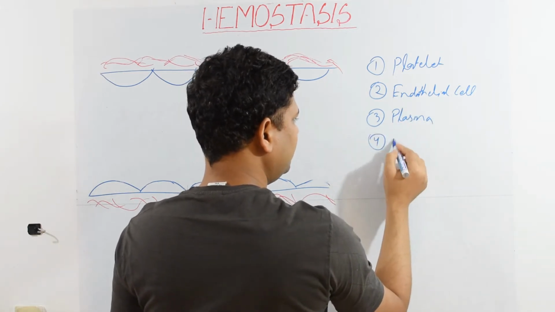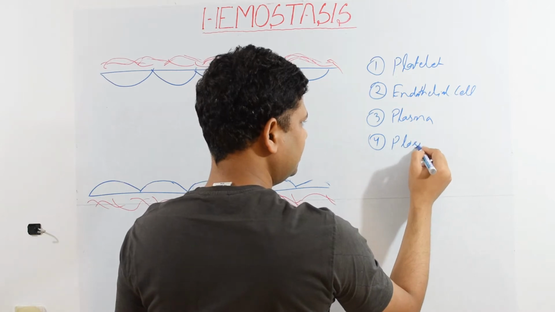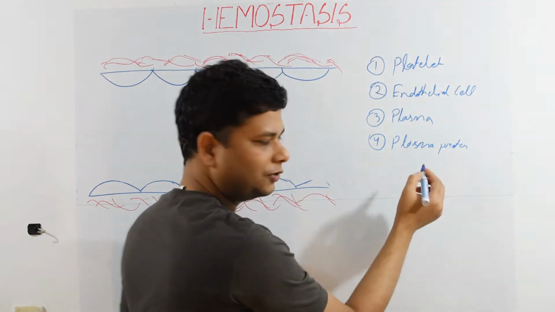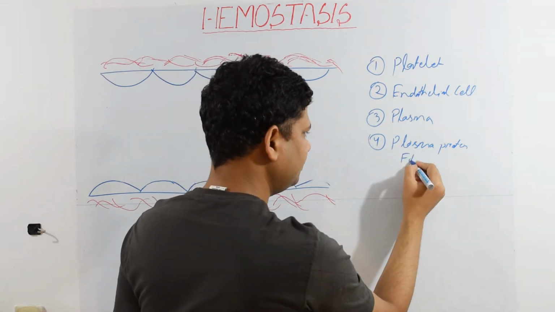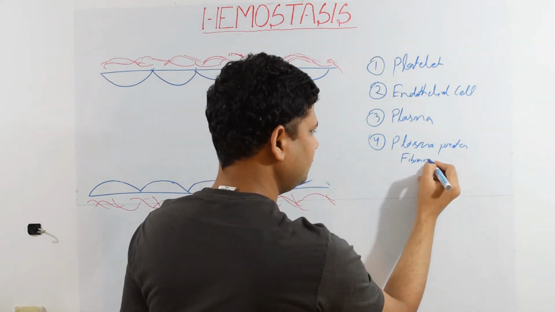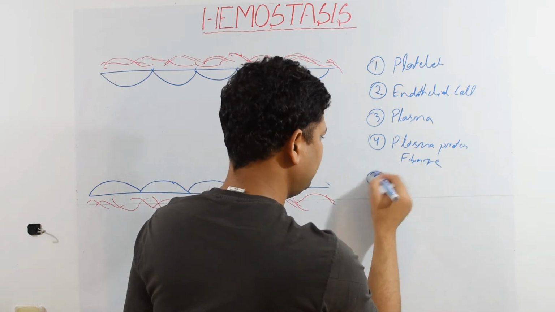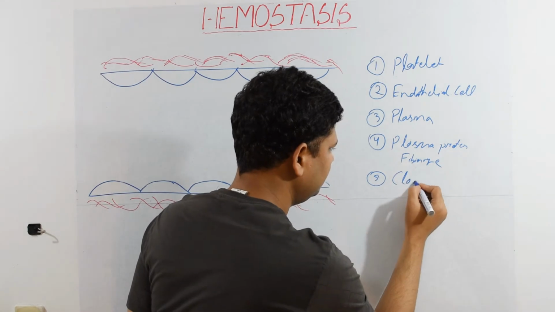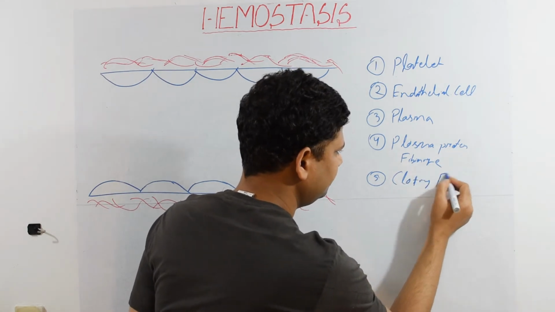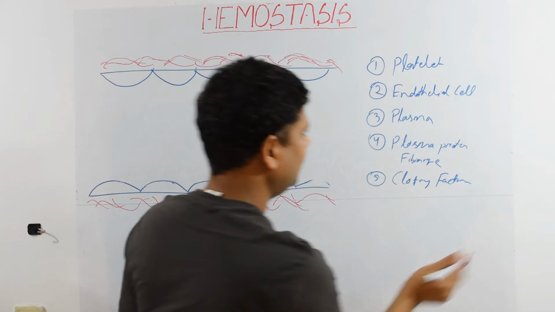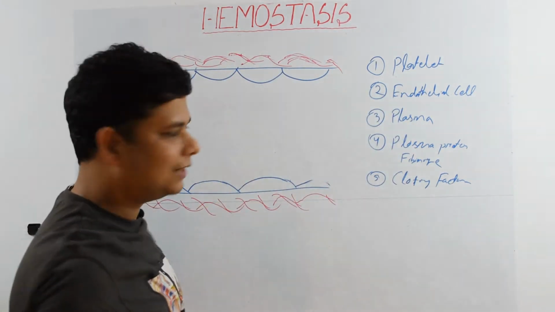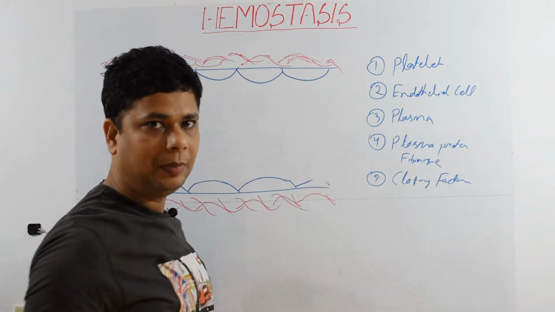Fourth, plasma proteins, which is fibrinogen. Fifth, several clotting factors. So we will see where these factors are present in blood.